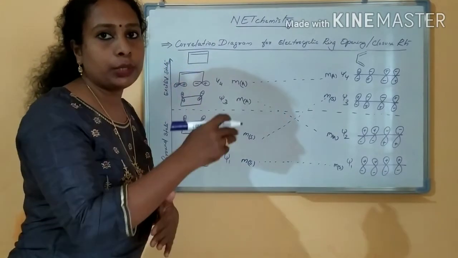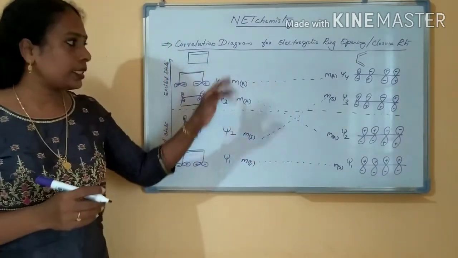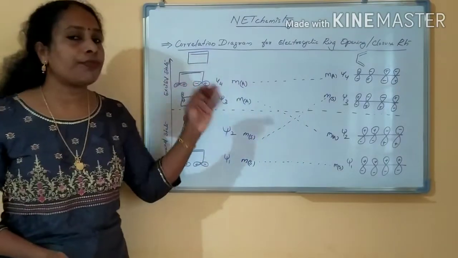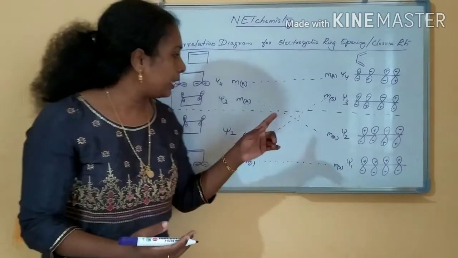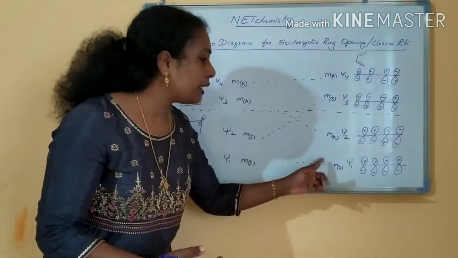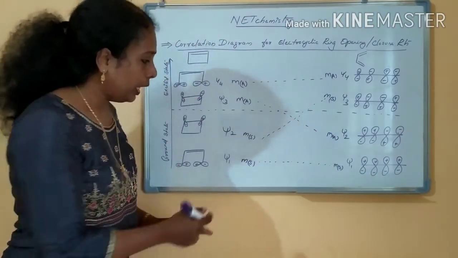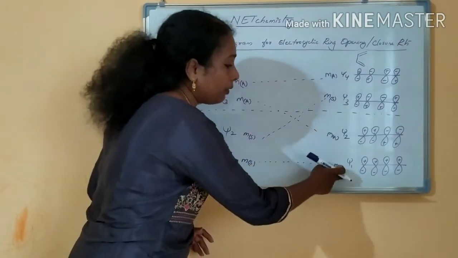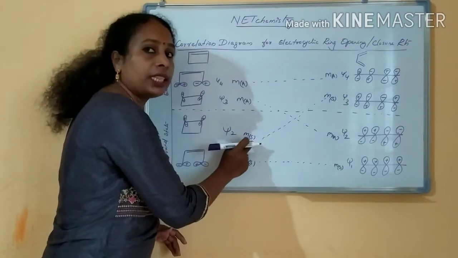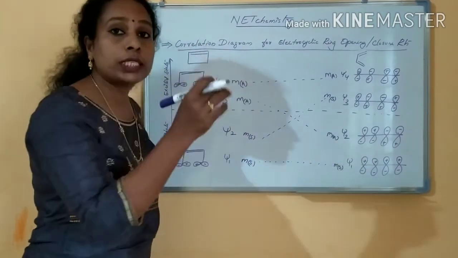You know, Psi 1 and Psi 2 are the ground state and Psi 3 and Psi 4 are the excited state. If this reaction is thermally allowed, then only the ground state will interact with the ground state. Mirror plane symmetric interacts with mirror plane symmetric, and the same way this has to interact with the ground state only.